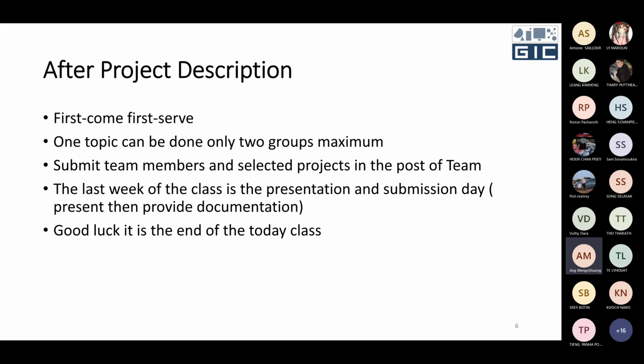Teacher, I have one more question. If we cannot find enough members by today, what should we do? Like a group can find only 4 or 5 members. In the case that until 5 p.m. you still don't have enough members, just post it.